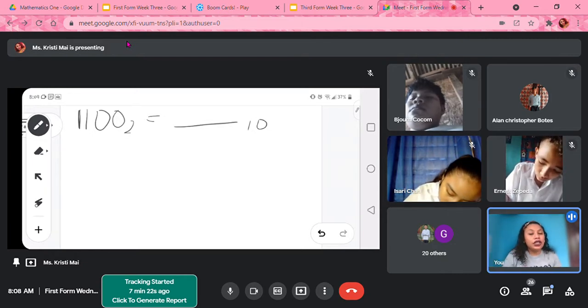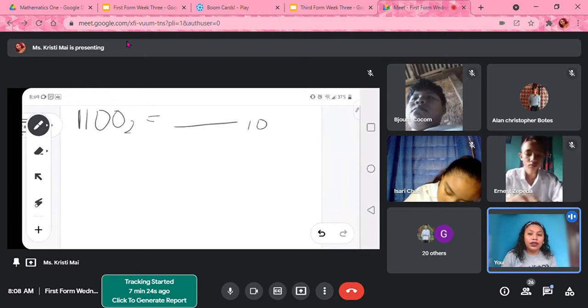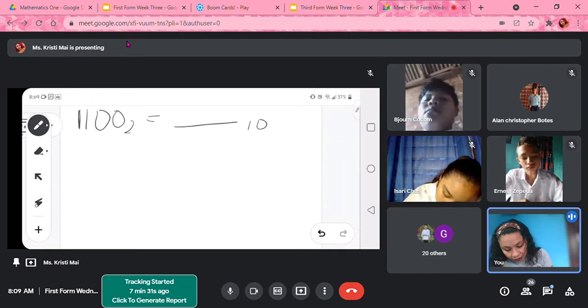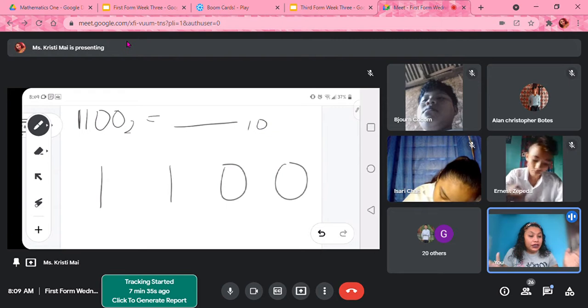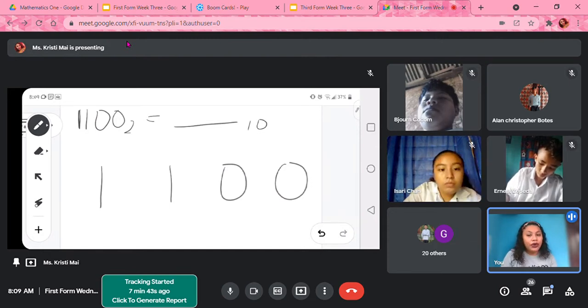When we are doing the opposite, when we have a base 2 number and we want to change it to a base 10 number, I have to write out my number a little spaced out, and I'm going to give each number a power of 2, right? Now if I'm going to be doing that, on which side do I start?